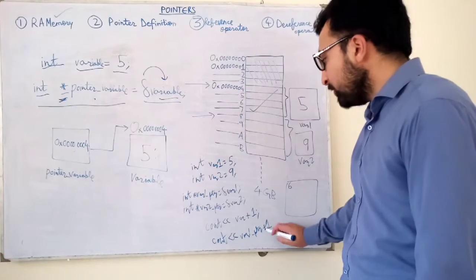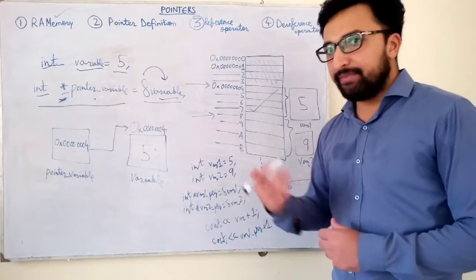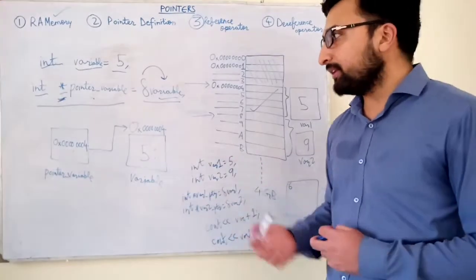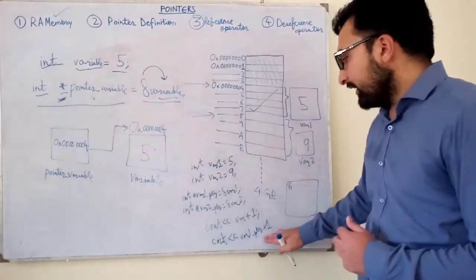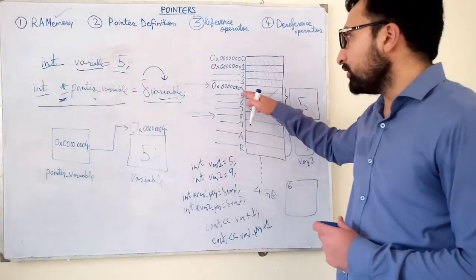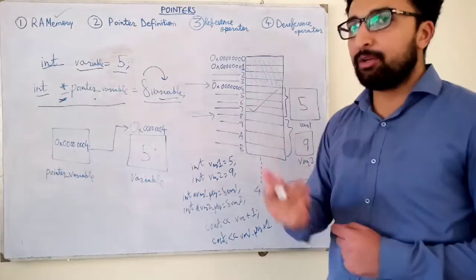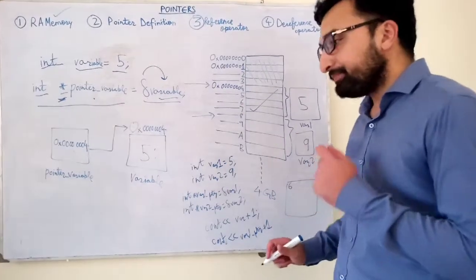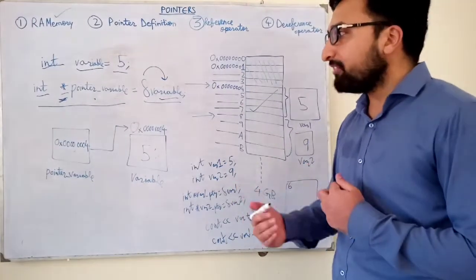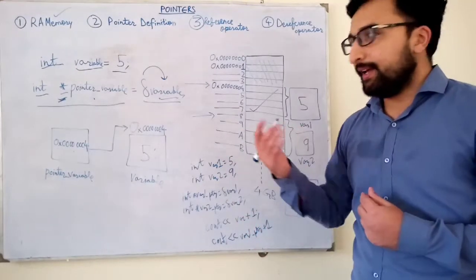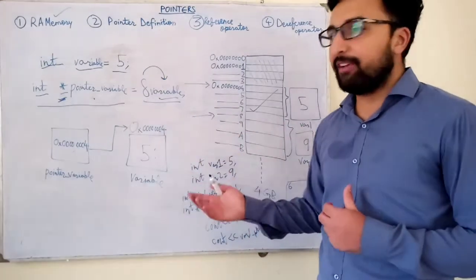If our concept is not clear and we think both things are the same, we would add 1 to that particular address. However, that is where pointer variables are different from simple variables.